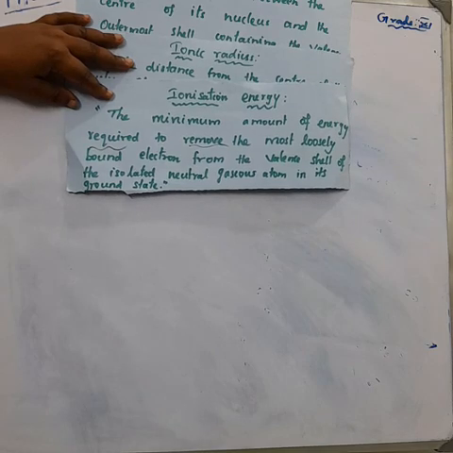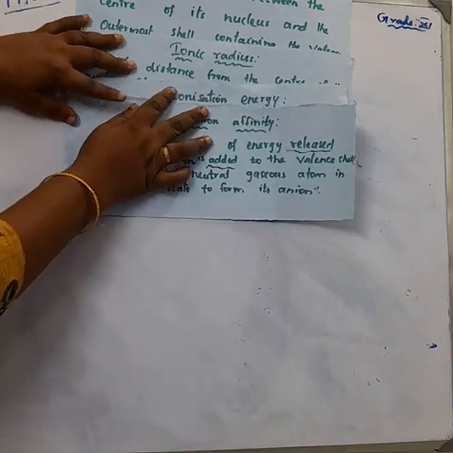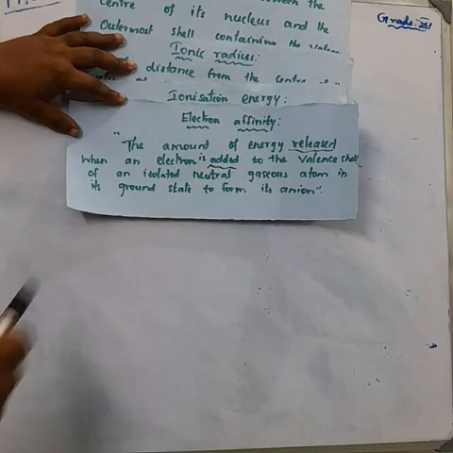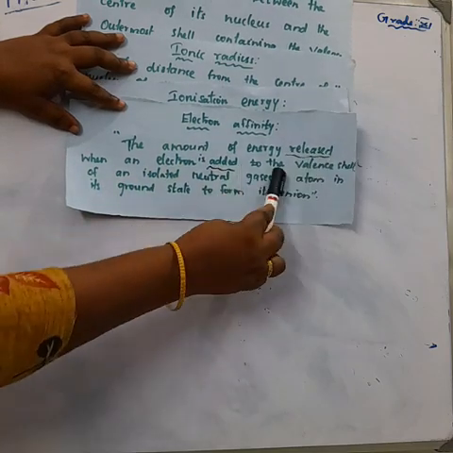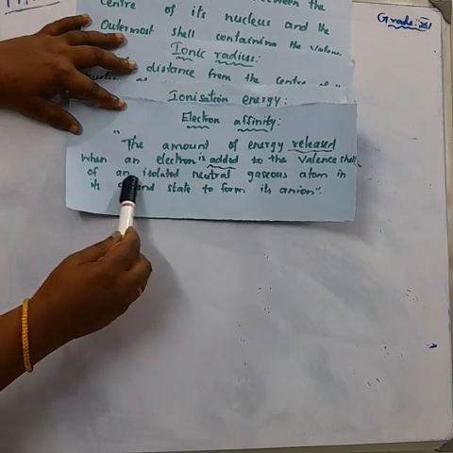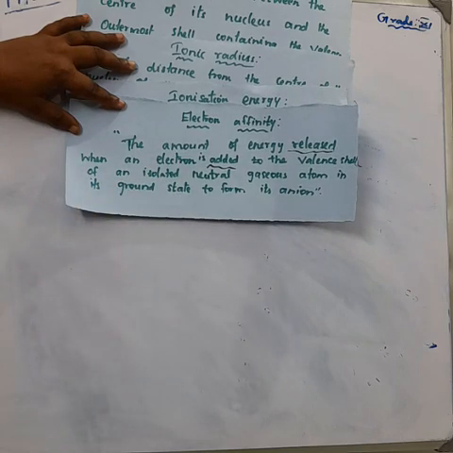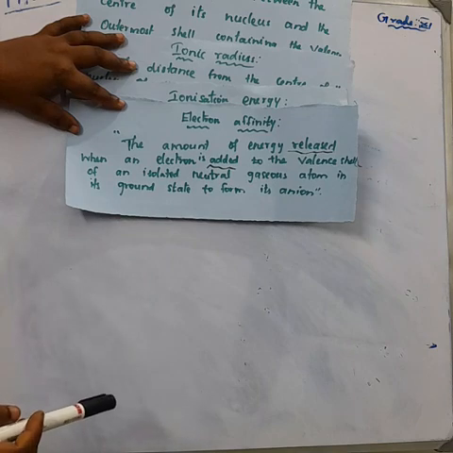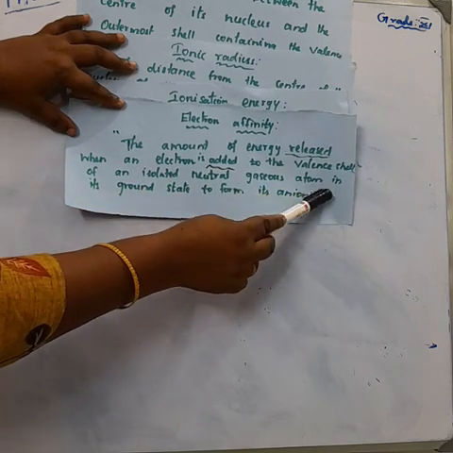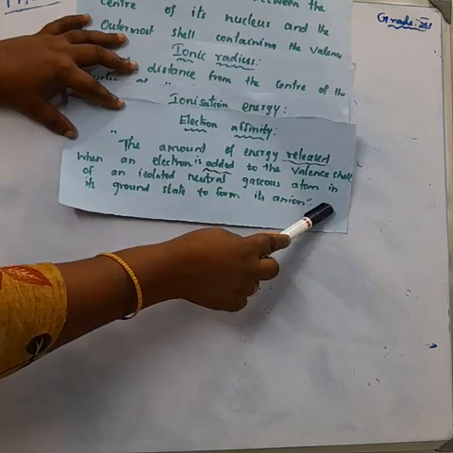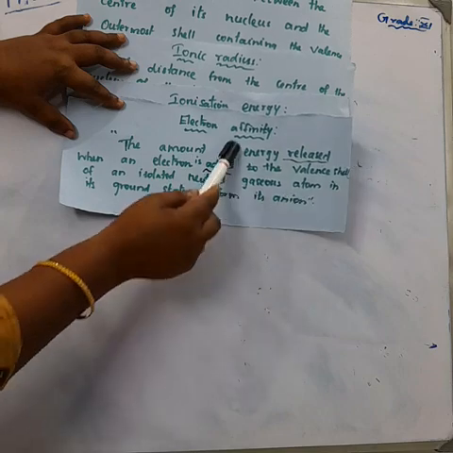Electron affinity means the amount of energy released when an electron is added to the valence shell. When removing an electron, we should give energy to remove the electron from the outermost orbit. We should give the energy; that is called ionization energy.